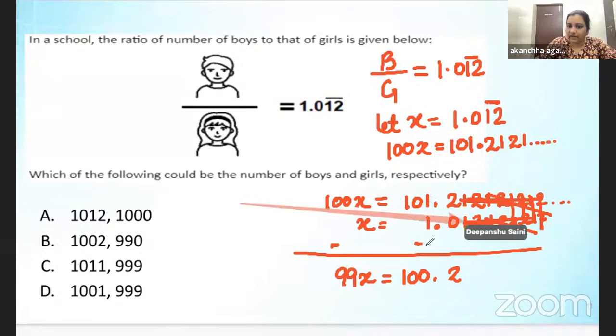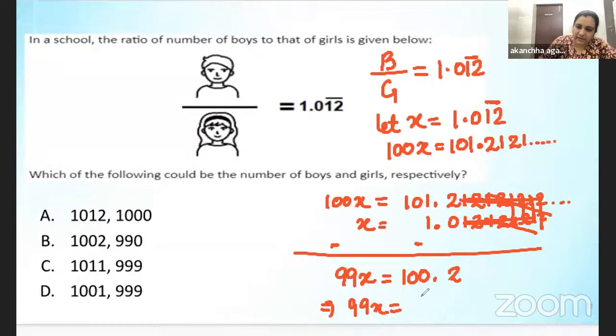Now 101 minus 1 is 100. So we got this. Now it's simple, right? 99x will be 1002 over 10. And when we divide 99 on both sides, it becomes 990. So now you can easily guess the answer. What is it? We got the value of x as this.